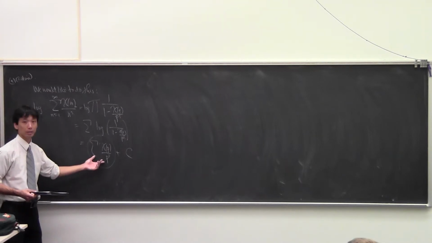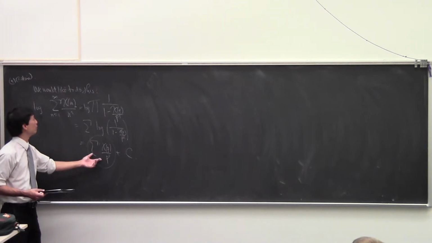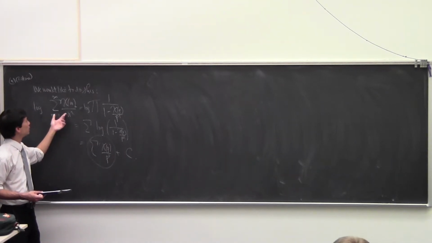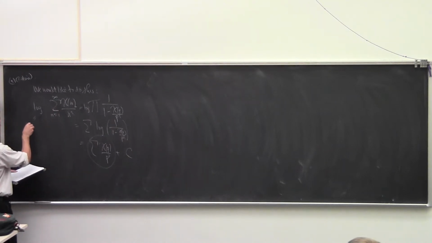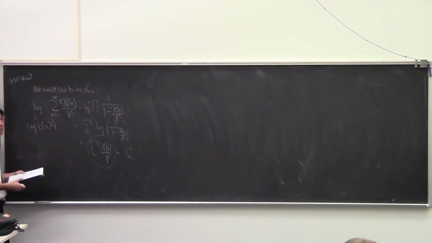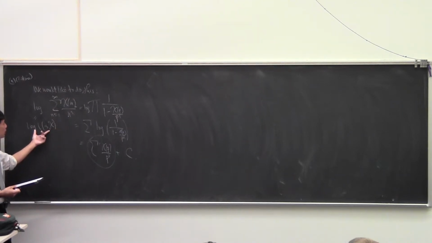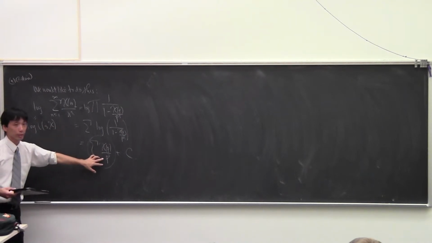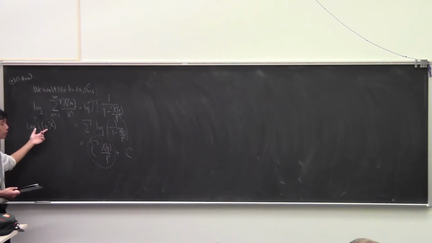Okay. Because remember, our goal is to control this thing. Our goal is to show that this thing is finite. And so here we've got log of the L function. What we'd like to say is that controlling this thing is equivalent to controlling this thing, and we can do it.